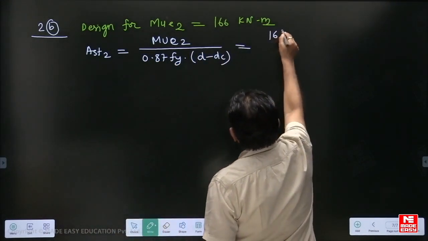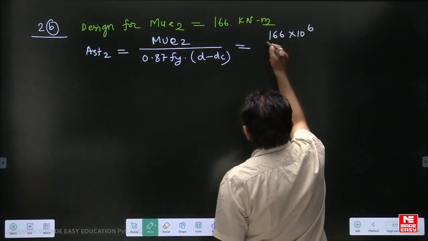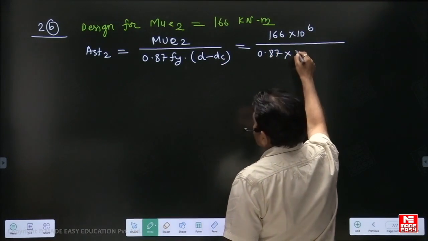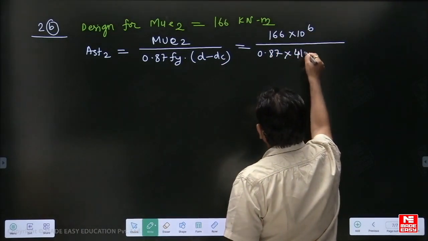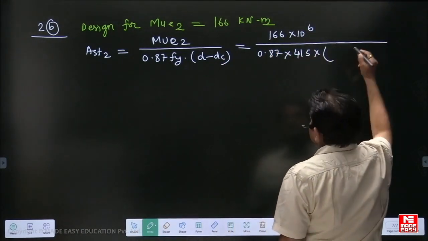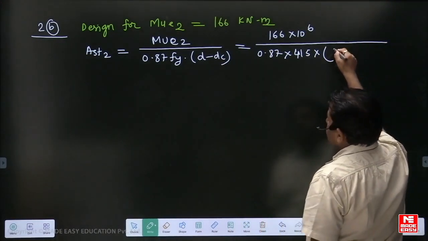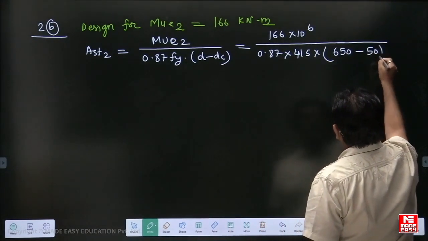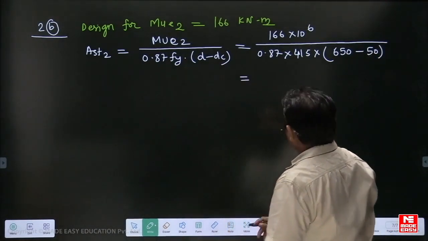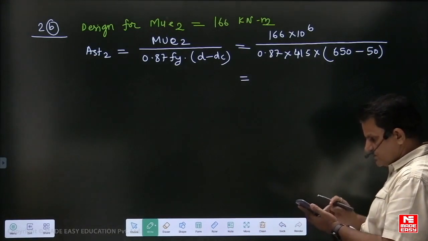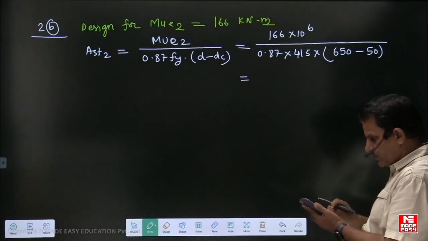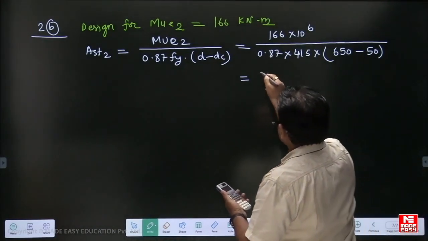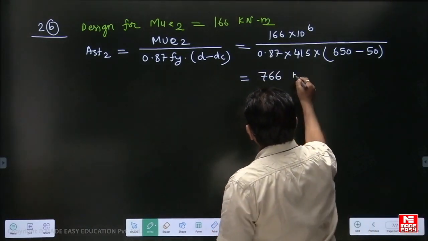So this is 166 into 10 to the power 6 divided by 0.87 into fy 415, and into d minus dc. d is 650 and minus you can deduct 50. So this is equal to 166 into 10 to the power 6 upon 0.87 upon 415 upon 600. See, the value is coming 766 mm square.